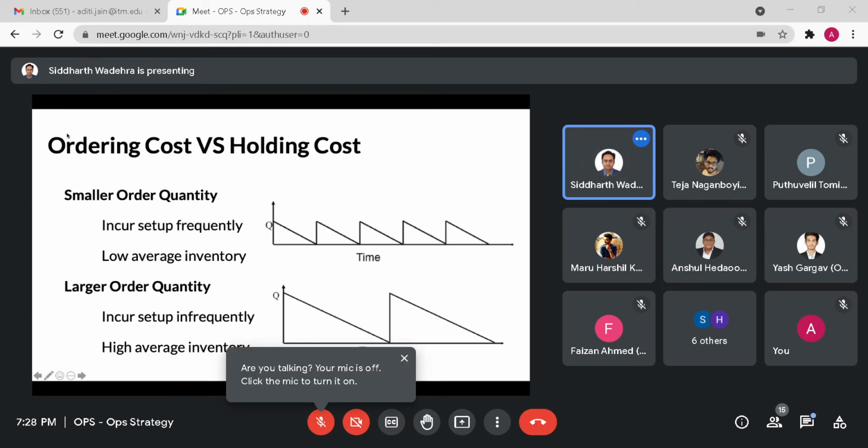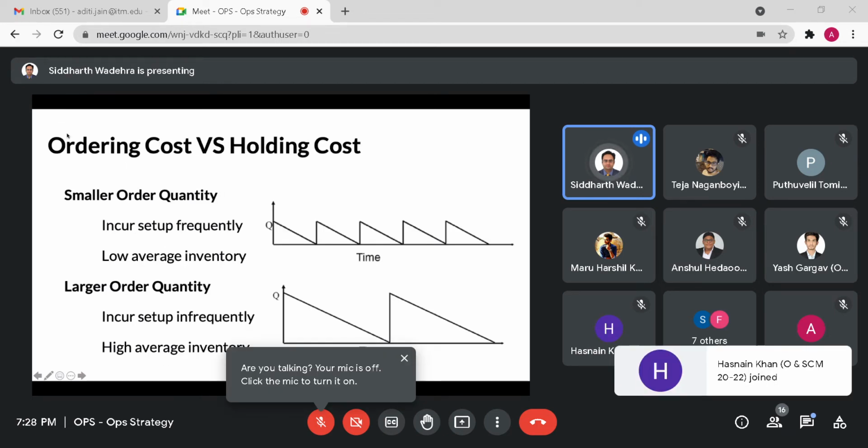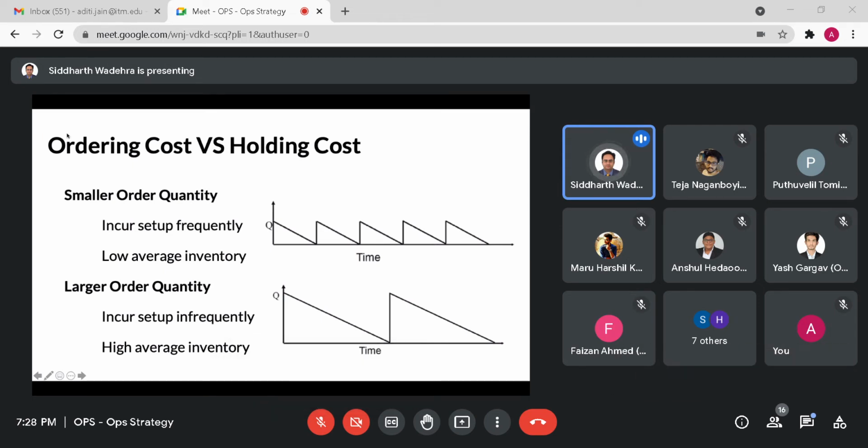All right. So the first thing you might want to get an understanding of is the trade-off between ordering and holding cost. You have to think about it from a perspective of annual quantity that is being ordered. So in a year, how much quantity is being ordered? And if you order in smaller batches or smaller quantities, you are going to order many more times to have the same amount of annual quantity.